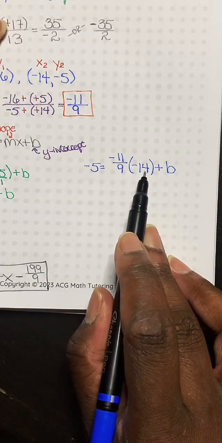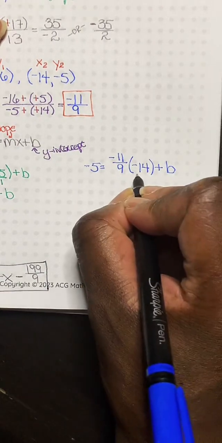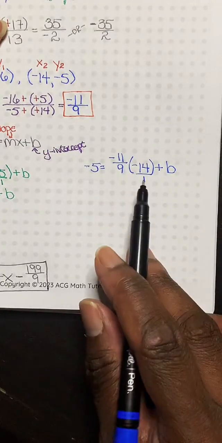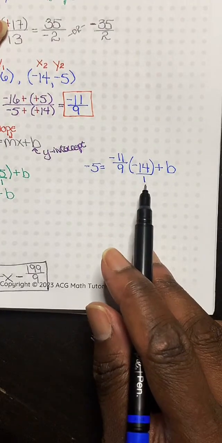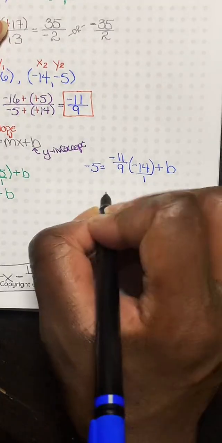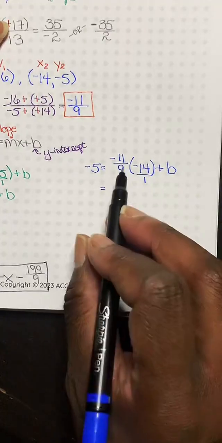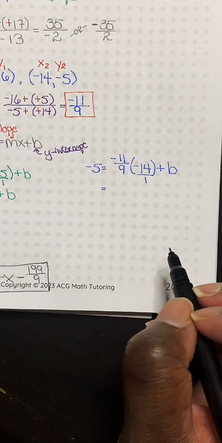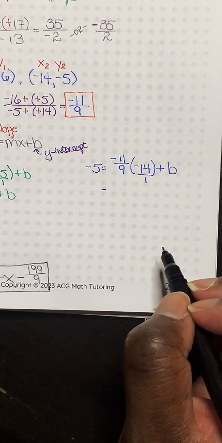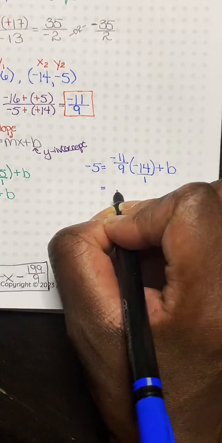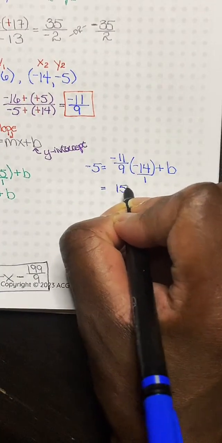I want to change this -14 to a fraction. So I'm going to put it over 1. Okay? It doesn't change the value of the negative 14. It's just there to help me do the multiplication. So a negative times a negative will give me a positive. 11 times 14 gives me 154.